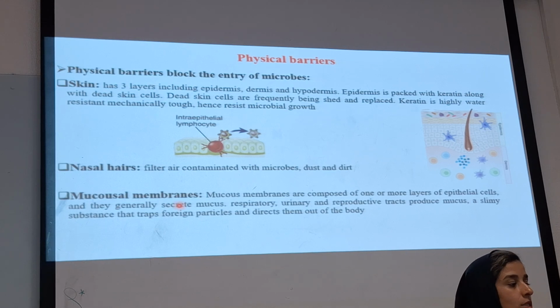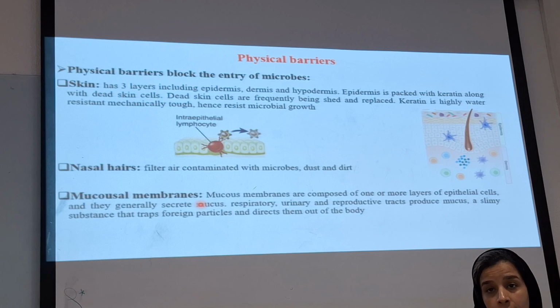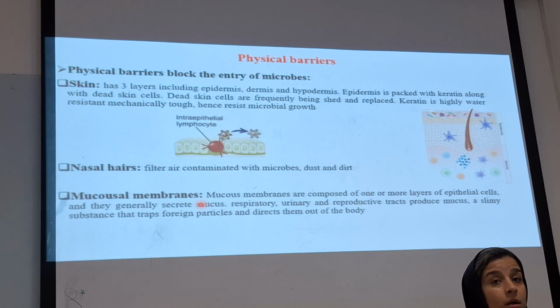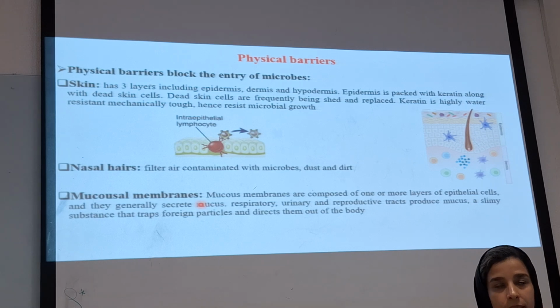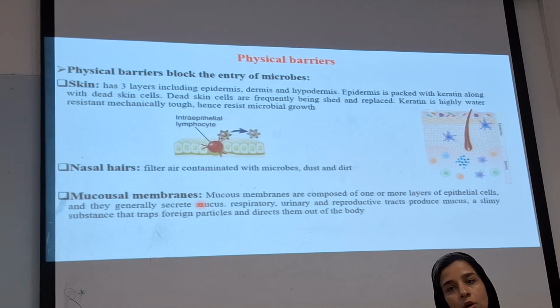And what about the mucosal membrane? You know, the mucosal membrane consists of many epithelial cells. These cells are able to produce some substances like mucus. Mucus is a slimy substance and can trap pathogens inside itself, and so direct the pathogens out of our body.